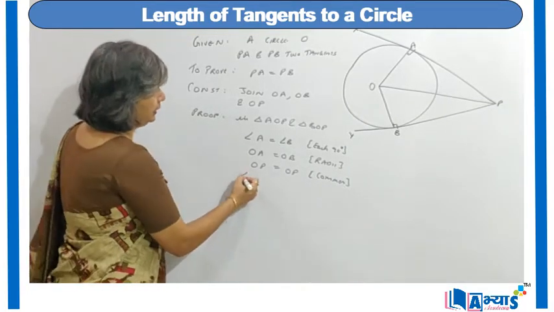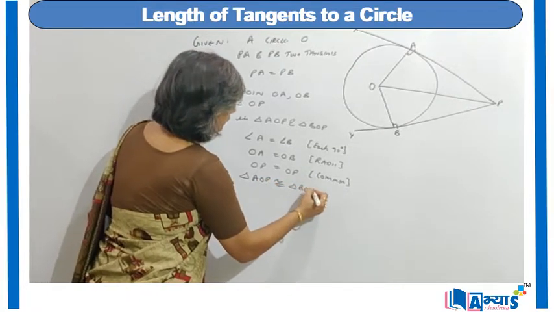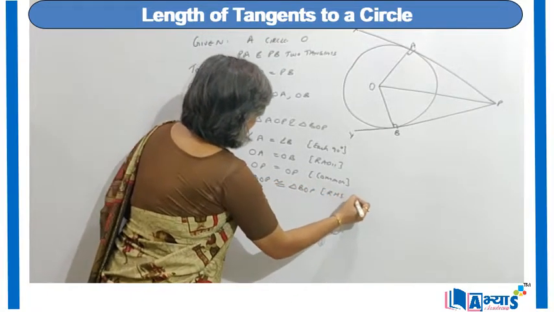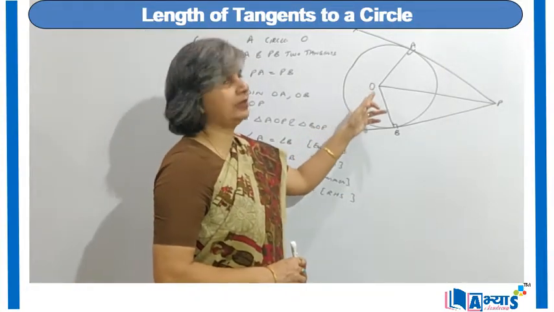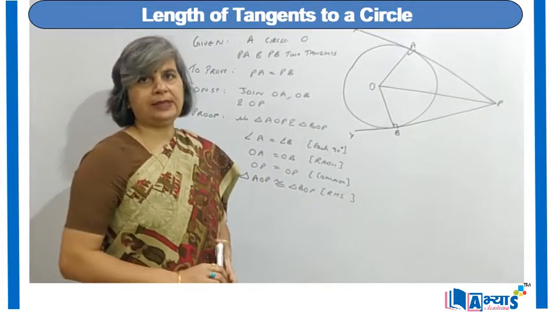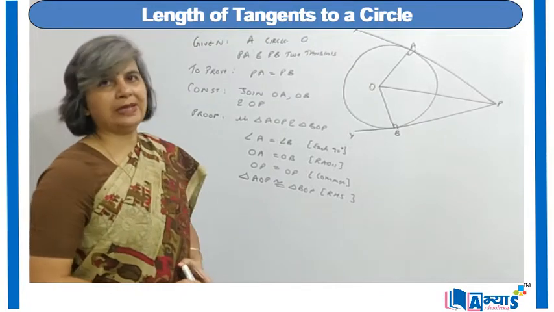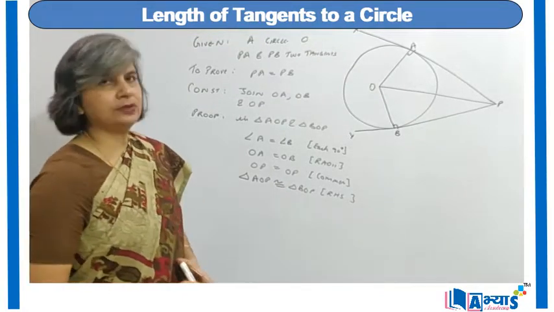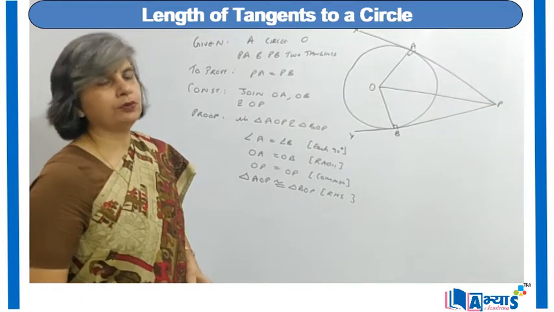So triangle AOP is congruent to triangle BOP by the RHS criteria of congruence, because we have a right angle, hypotenuse and one side. The sides are OA and OB, the right angles are angle A and angle B, and the hypotenuse is OP, because OP is opposite to both angle A and angle B and it is common. So by RHS criteria the two triangles are congruent.